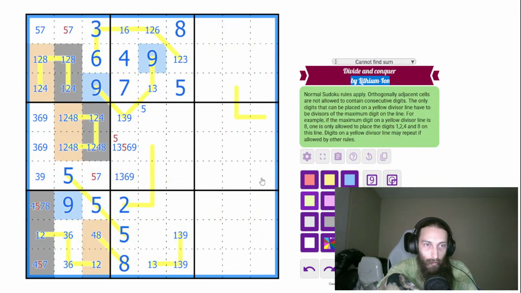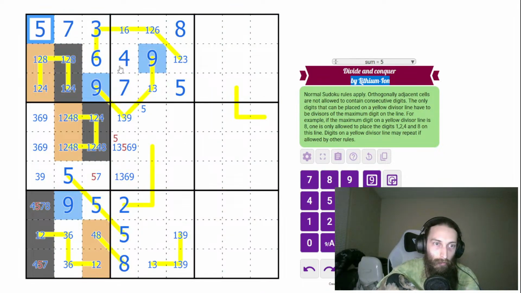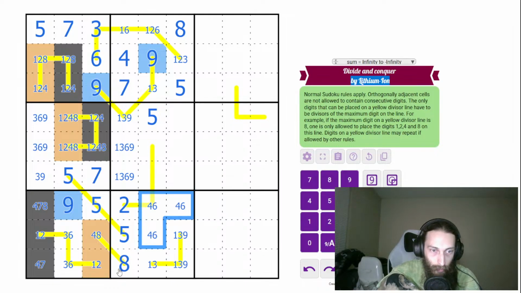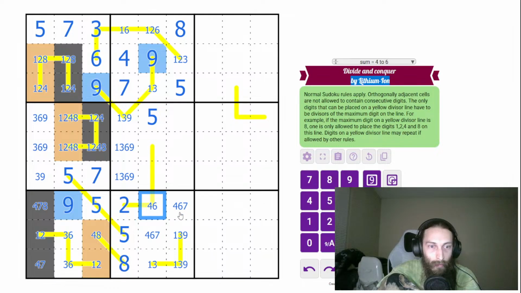Take out red and green. 7, 5, 7. 1, 2, 3, 4, 5, 6. 4 can't. 5, rather. 4 and 6, so that's a 7. 4, 6 pair takes that out.